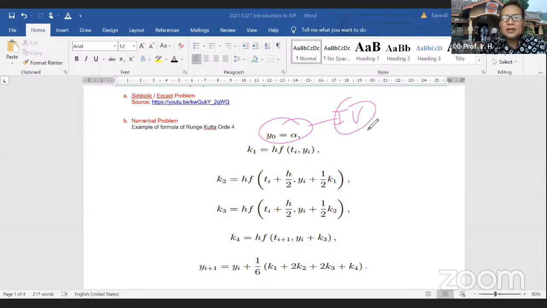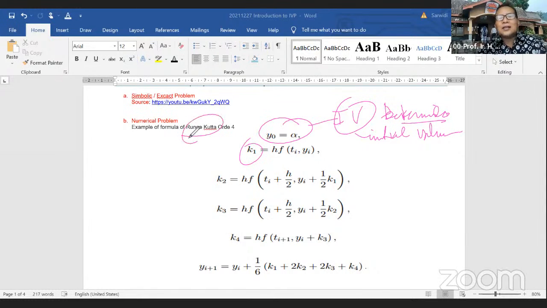The initial value is already determined. And what is K? K is this one. This is by Runge and Kutta, maybe two people, the professor and his assistant.